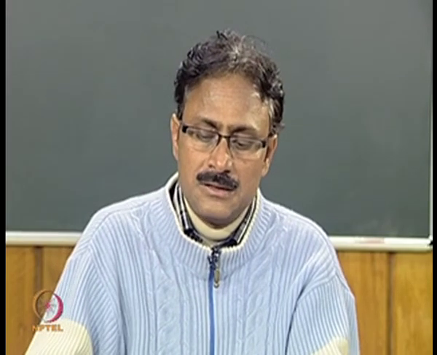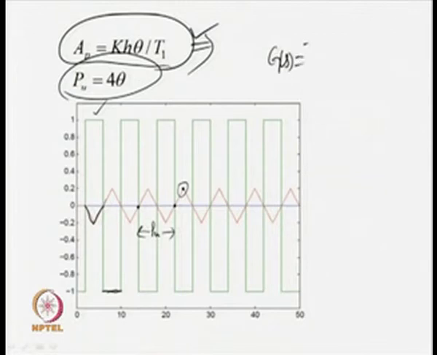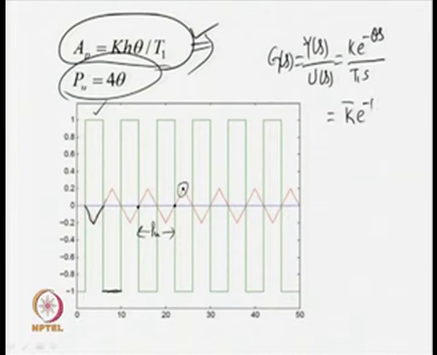What unknowns do we have now? G s, the transfer function model of the system, is given by Y s upon U s is equal to k e to the power minus theta s upon T1 s. This can further be written in the form of k bar e to the power minus theta s upon s, where k bar is equal to k upon T1.